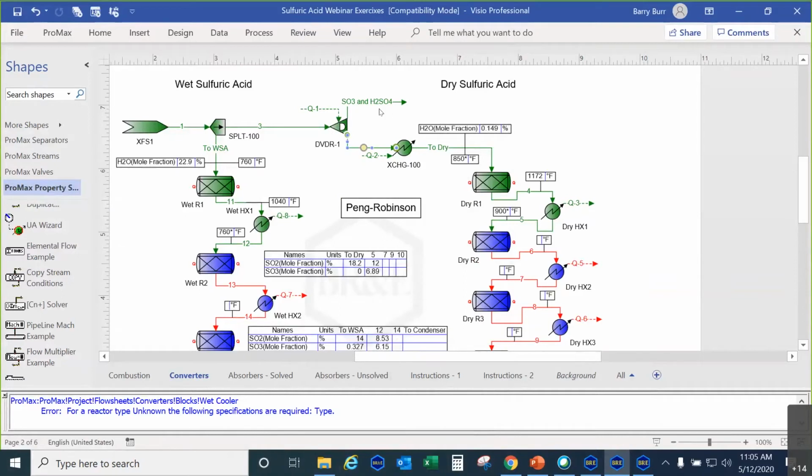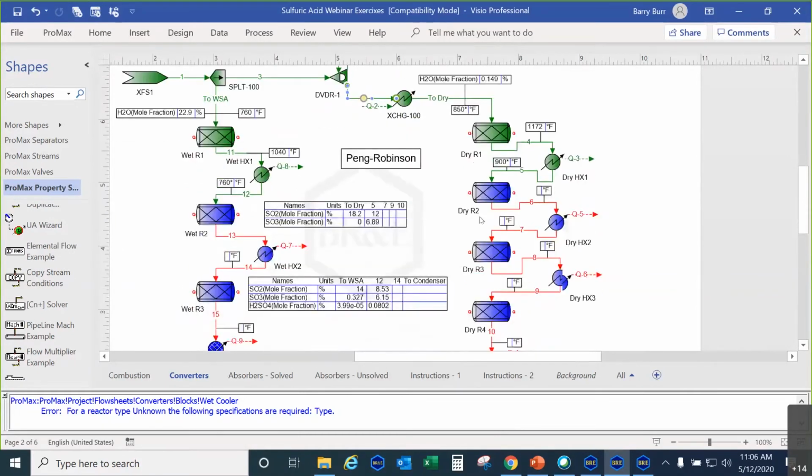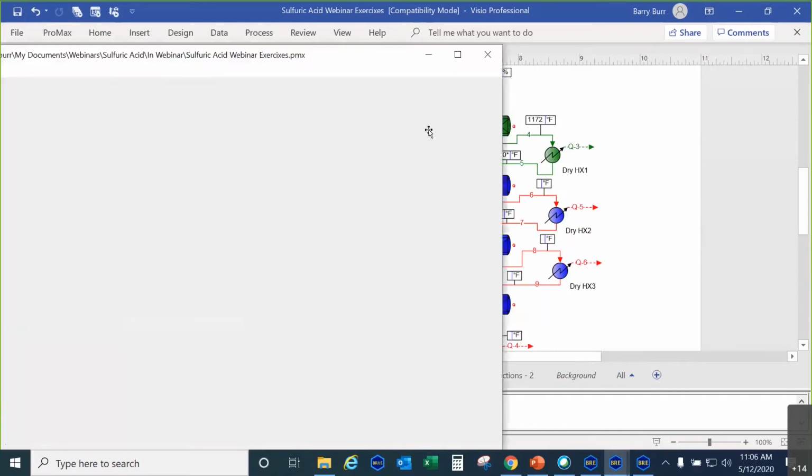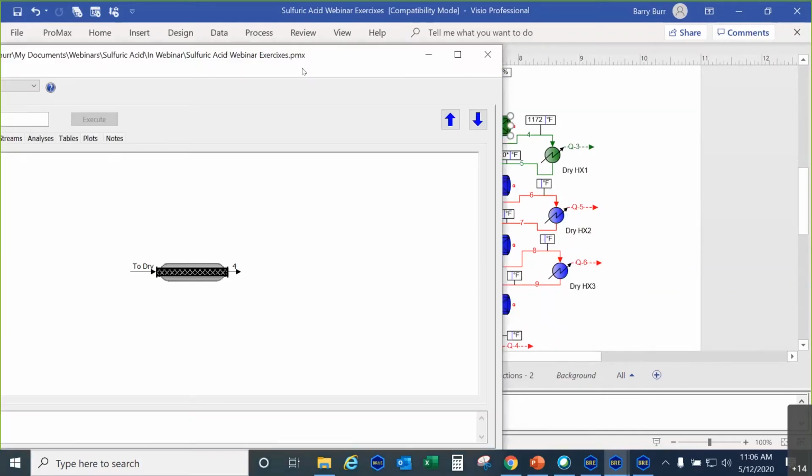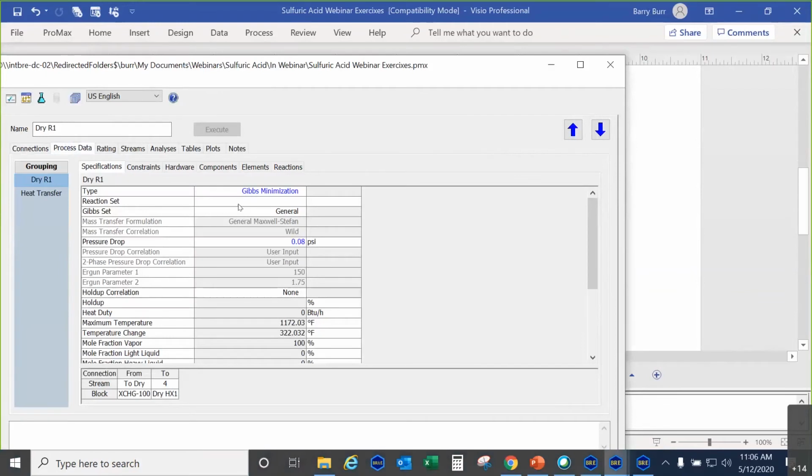So all the SO3 and H2SO4 are removed, and then only 0.5% of the water is being allowed to proceed to the catalytic beds. We heat it to 850 degrees F, and then inside of here we have the Gibbs minimization again.